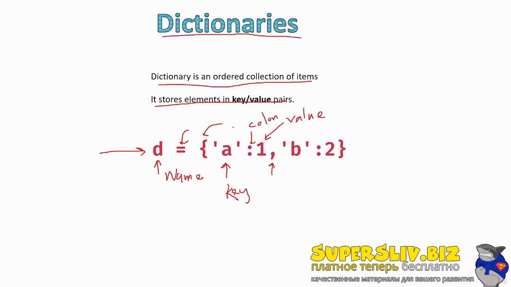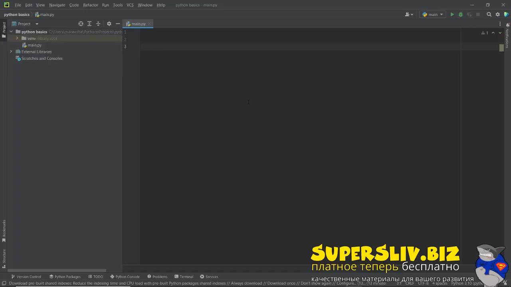Now let us go to the PyCharm and create some dictionaries. Now I am creating a dictionary called car, assignment operator, then within the curly braces I can specify keys and values.